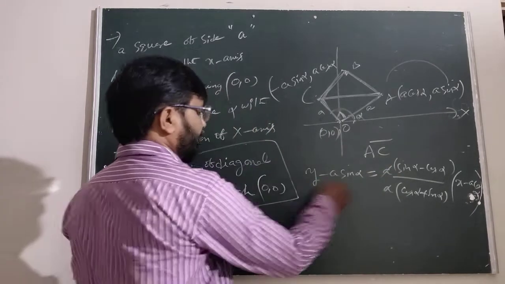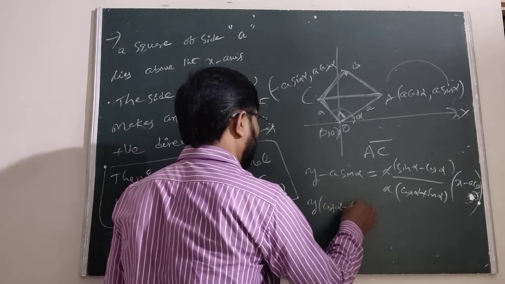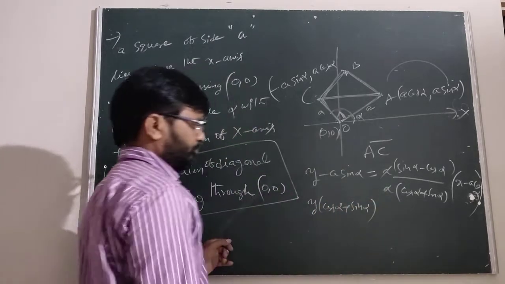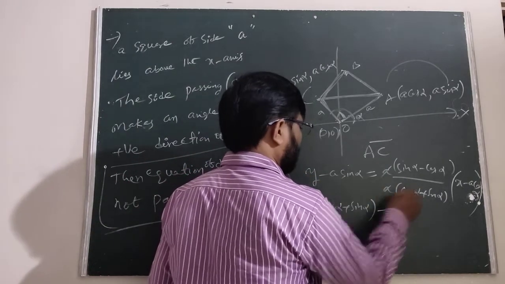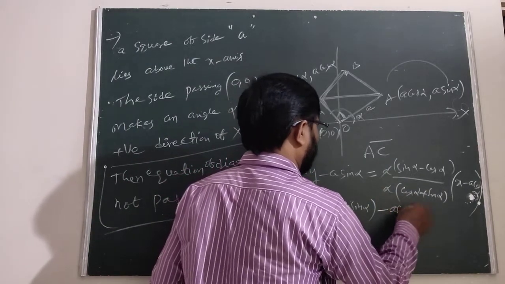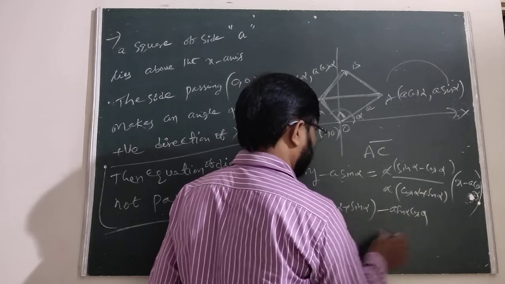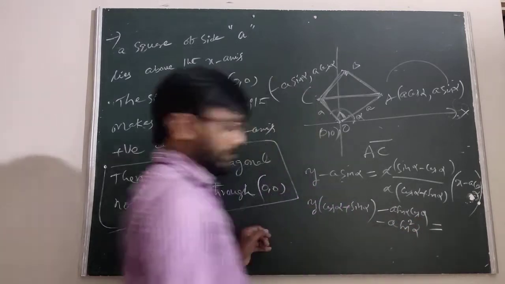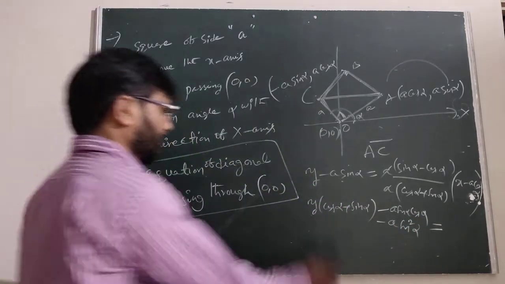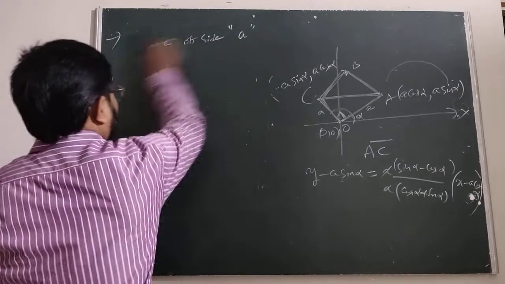Now y into cos alpha plus sin alpha. The next one is A sin alpha cos alpha, minus of A sin square alpha. Is it clear? Now the multiplication for the other diagonal, which is not passing through the origin. How to write this?